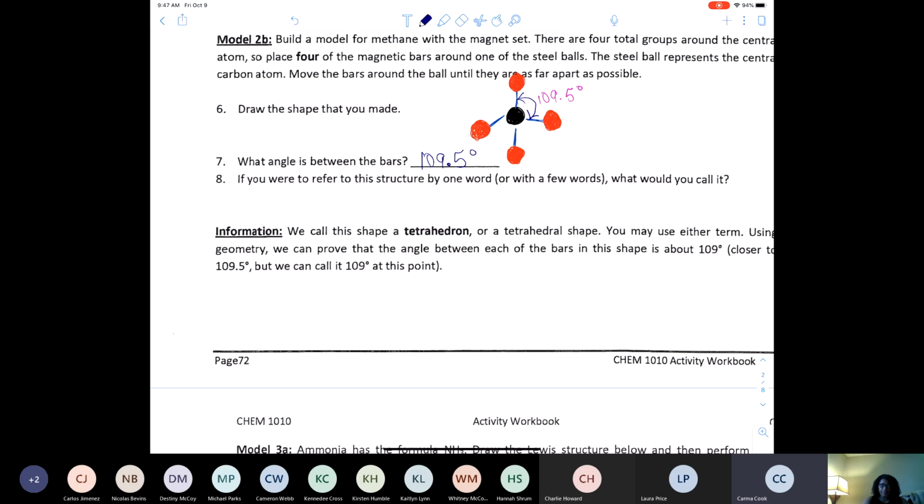And the shape is tetrahedron, or you could say tetrahedral, which most older textbooks refer to it as.